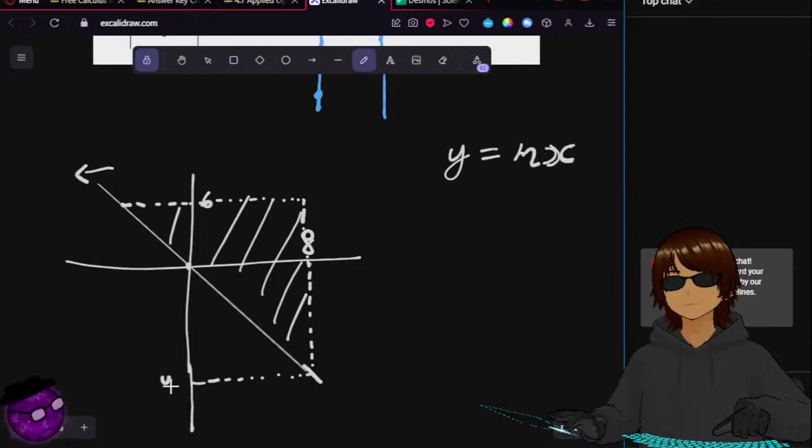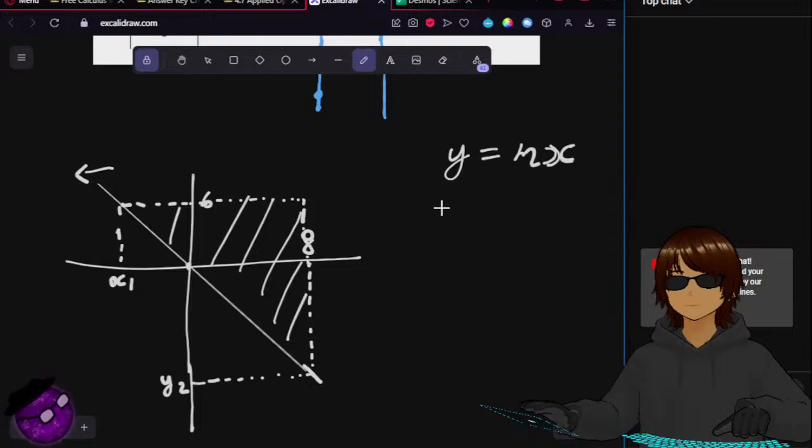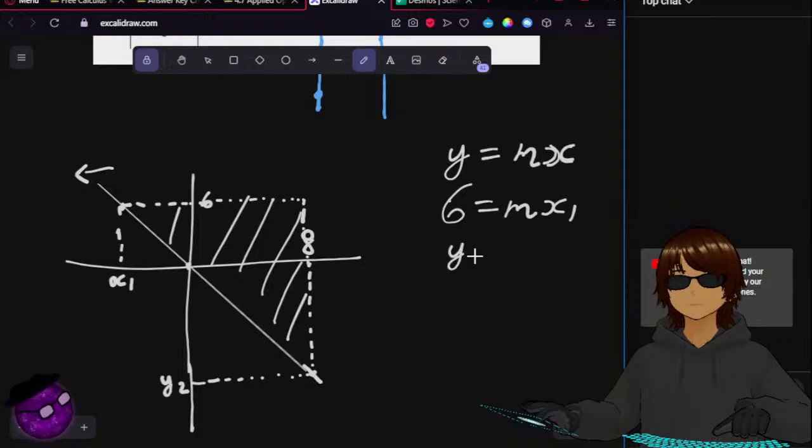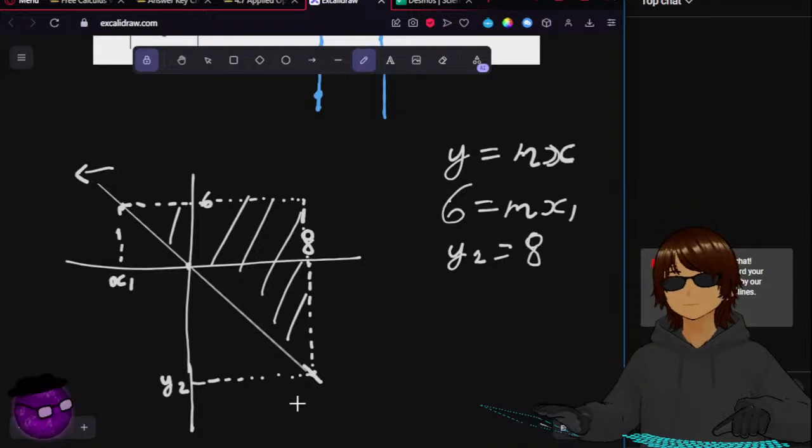Let's call this y2, and let's call this x1. So let's say 6 is equal to m times x1. So this is this point here, 6 and x1. And then this point here, y2 is equal to 8m.